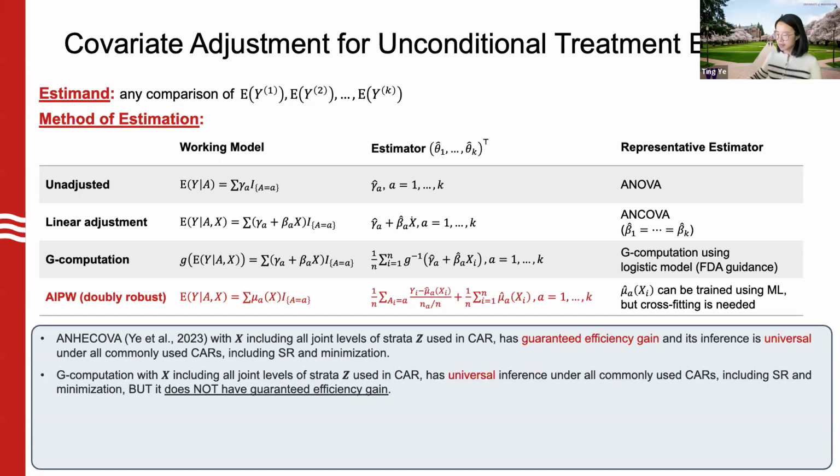And for the G-computation, the story is a bit different. You may wonder, do we have a no-harm guarantee if we do G-computation with logistic regression? So I want to say in theory, there's no harm guarantee, because it's possible to construct a scenario where using logistic regression, the G-computation is less efficient than the unadjusted method.